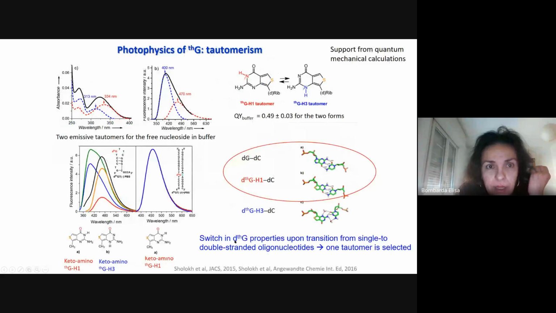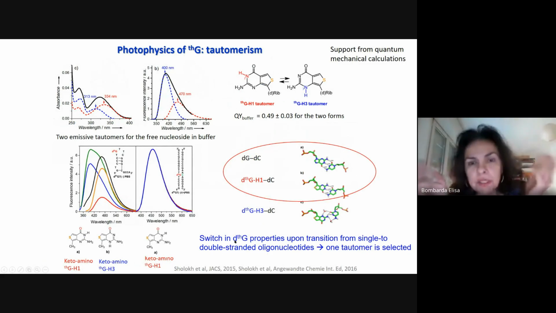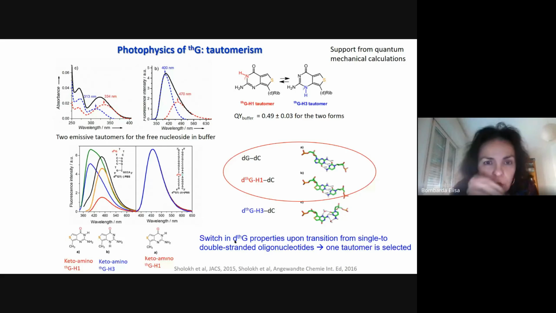So the photophysics is a bit complex, but not as complex as that of 2-aminopurine. The complexity is due to the fact that there are two tautomers that can form, and they have two different spectroscopic properties.